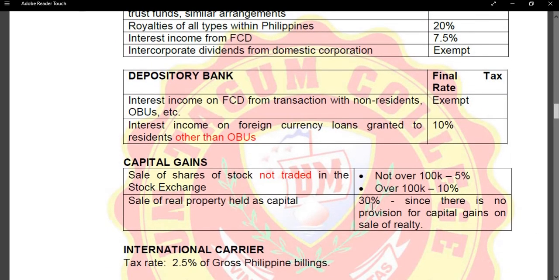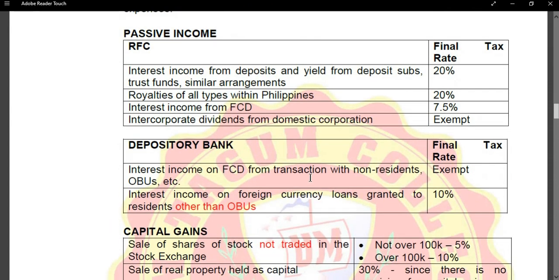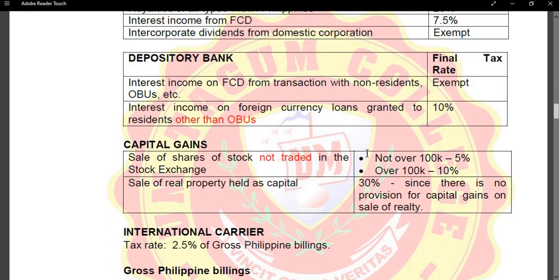Now, for capital gains, so sale of shares of stock not traded in the local stock exchange. So, unlike domestic corporation, which uses 15%, under resident foreign corporation, the provisions of the NIRC remains.